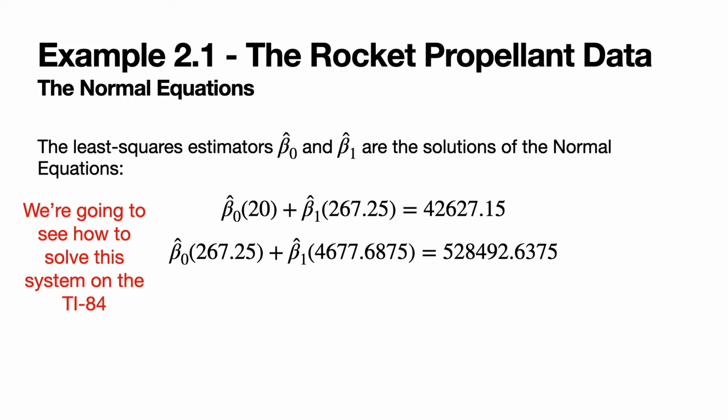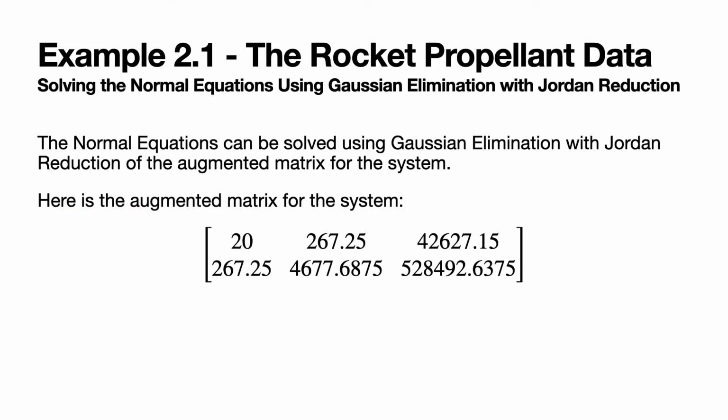Now, the augmented system or the augmented matrix for this system is as follows. So we have this 2 by 3 matrix, and the entries in the two rows in the first two columns correspond to the coefficients on beta 0 hat and beta 1 hat, and the values in column 3 correspond to the constants on the right-hand side of those two equations.